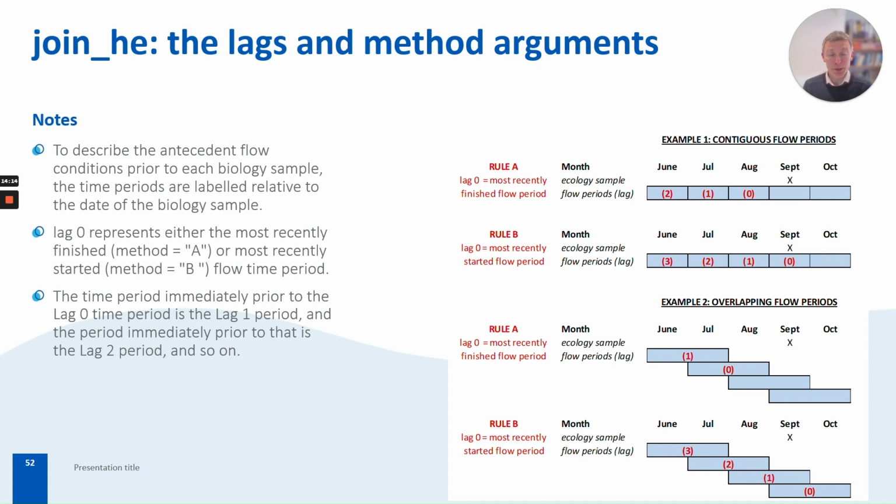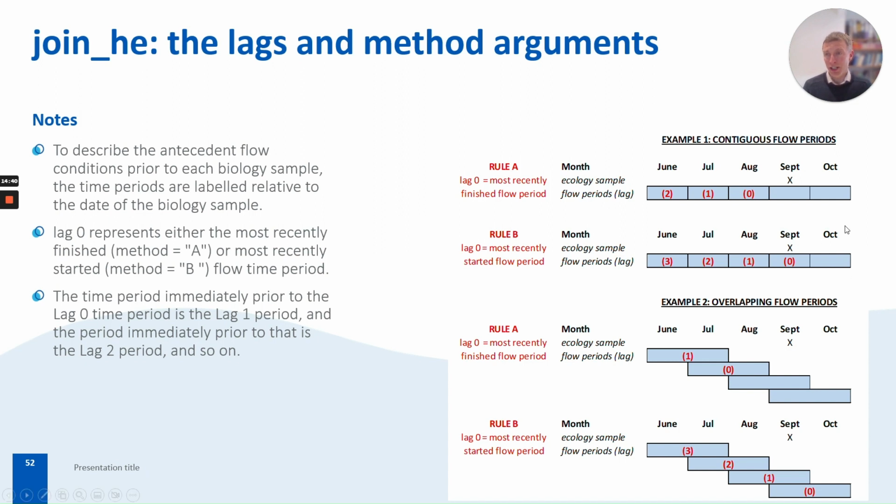And then having numbered those, we can then tell the function which of those lagged flow periods we want to take the flow statistics from and join up with our biology data. This essentially gives us control about how far back in time we want to consider the antecedent flow record when trying to explain spatial and temporal patterns in our ecological data.